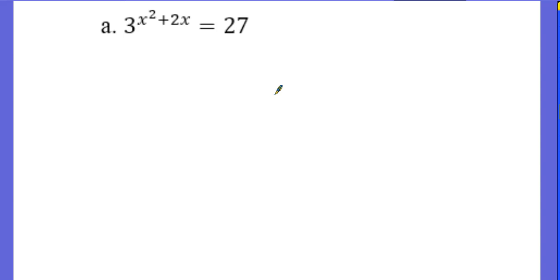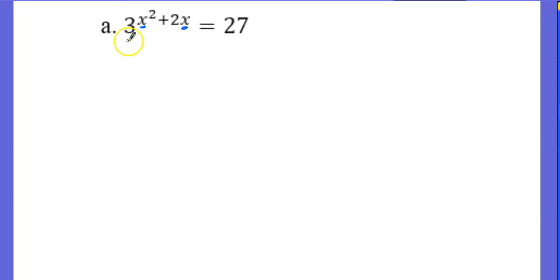So anytime I come to an exponential equation like this, which I know is an exponential equation because the exponents are unknown. That's what makes it an exponential equation. The first question I ask myself is, can I keep it simple? Can I avoid using logarithms to solve this equation?